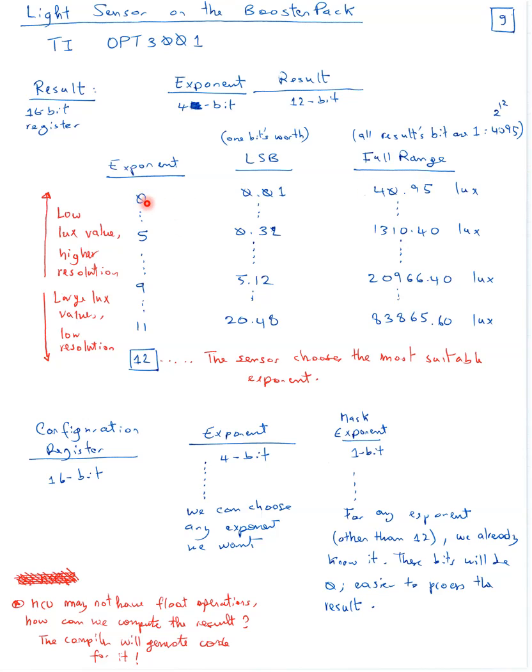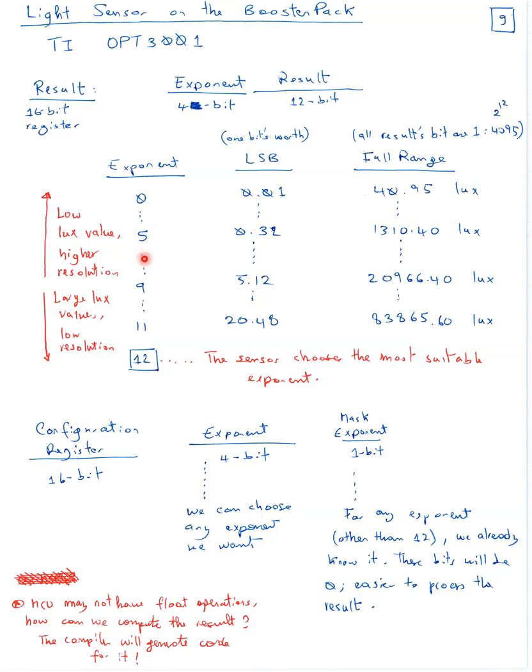So let's skip a little bit, go to exponent 5. If exponent is 5, the least significant bit's worth is 0.32 lux. So that means I will read this value, multiply by 0.32. If you take the max value, 4095, multiply by this, you get 1310.40 lux.